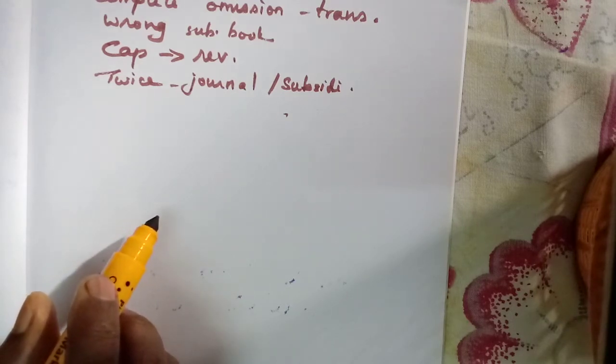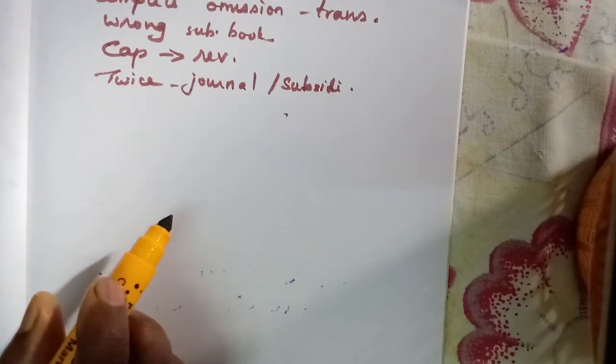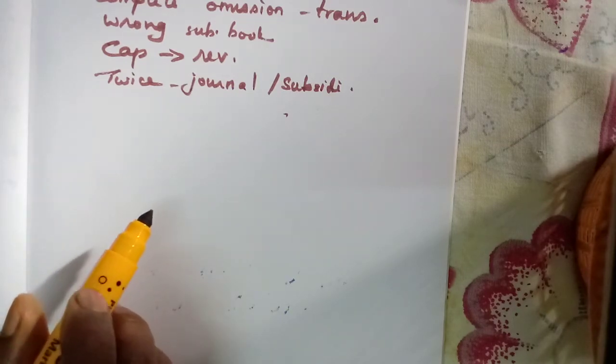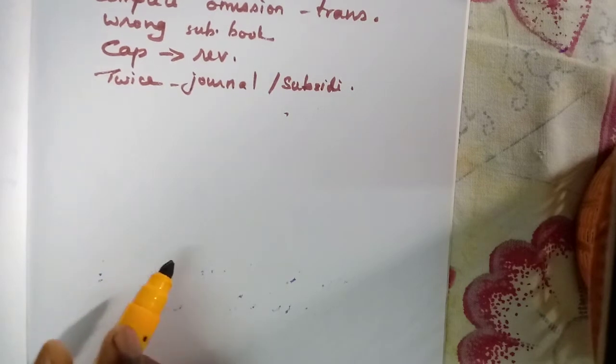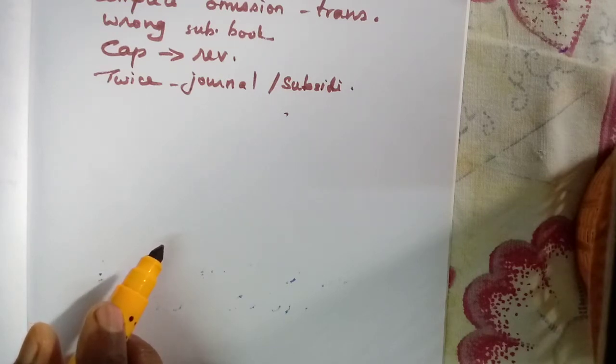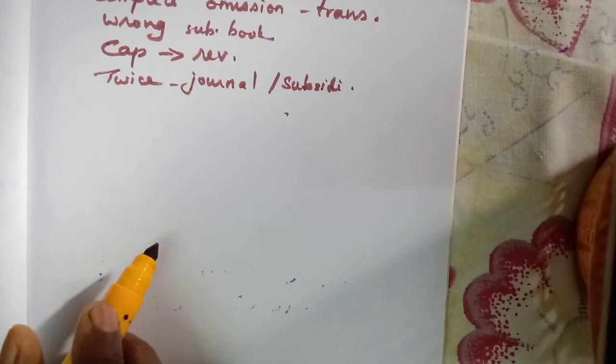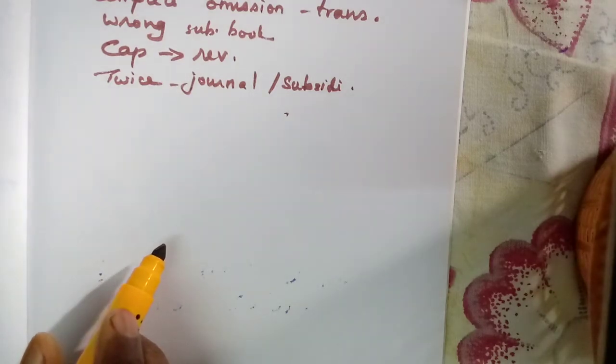After balancing, we check whether those balances have been written correctly in the trial balance, and whether the trial balance has been added correctly. If all these are correct, then we can locate the error.